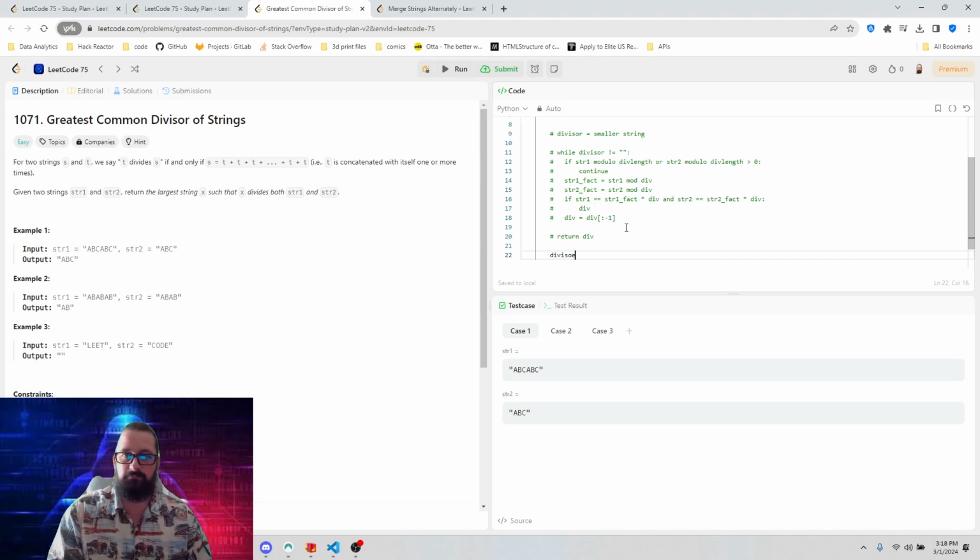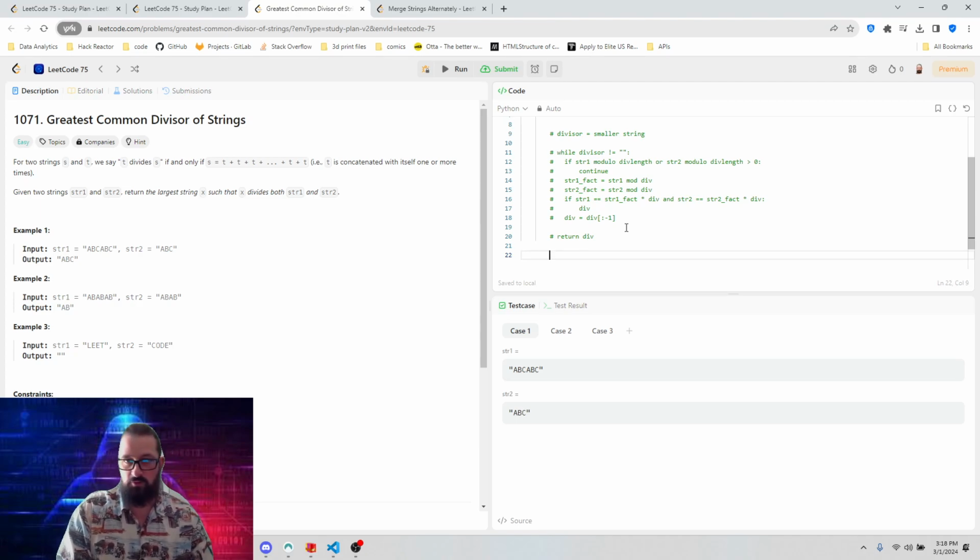Divisor equals the smaller of the two strings. So what's the easiest way to do that?